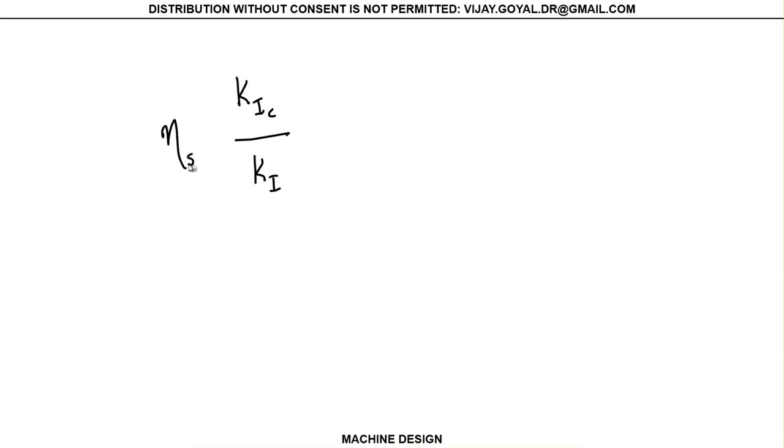That becomes my factor of safety, right? And as we know, if this is bigger than 1, this is safe. If this is equal to 1, this is onset of fracture.